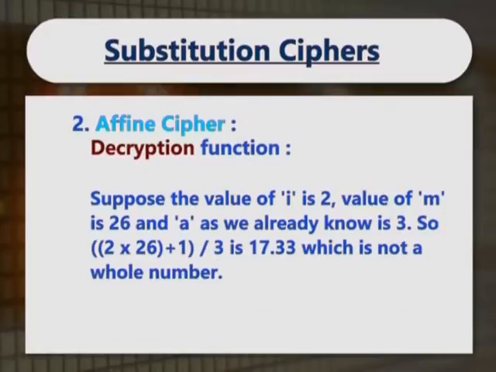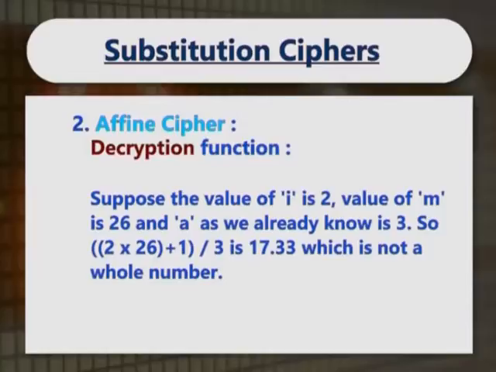Now, let us try. Suppose the value of I is 2, the value of m is 26, and A, as we already know, is 3. So, 2 into 26 plus 1 divided by 3 is 17.33, which is not a whole number. So, 2 does not work here.